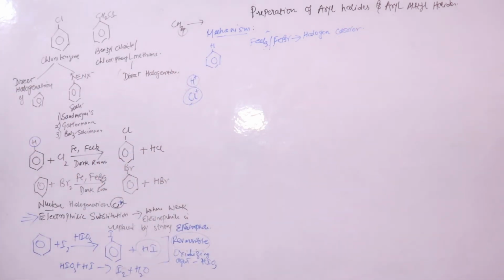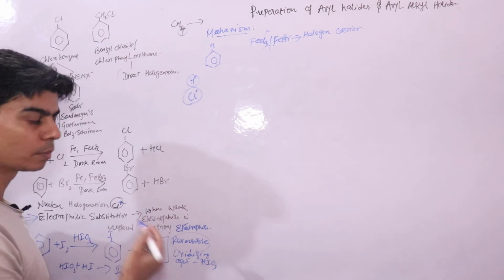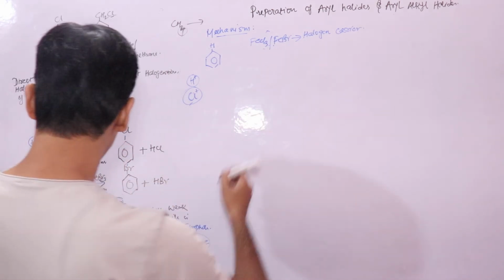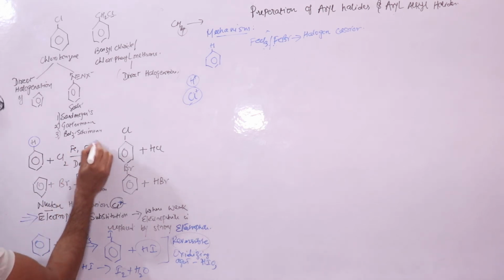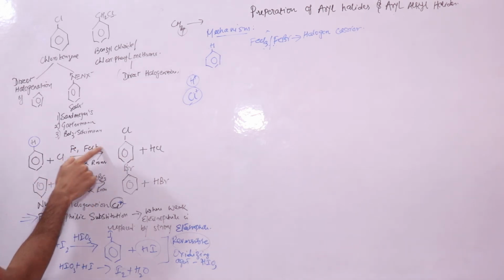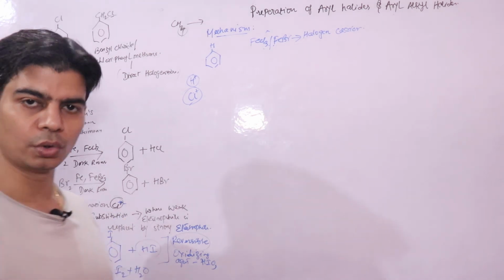Now let's see what they do in order to produce an electrophile, your chloronium or bromonium. Just look at this. We have chlorine here, and we have ferric chloride. So this ferric chloride, which is a halogen carrier, will attack this chlorine to produce the chloronium ion.